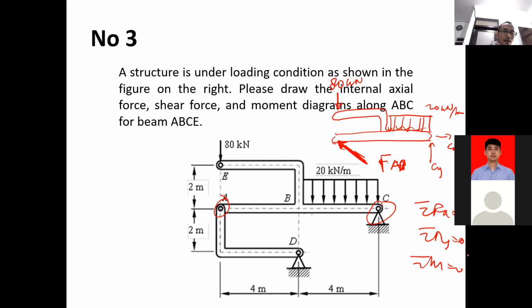Okay, but remember, whenever you find a frame problem, although the one in question is the moment diagram or shear force diagram, the first thing that you're supposed to do is still to determine whether there is any two force member or not.